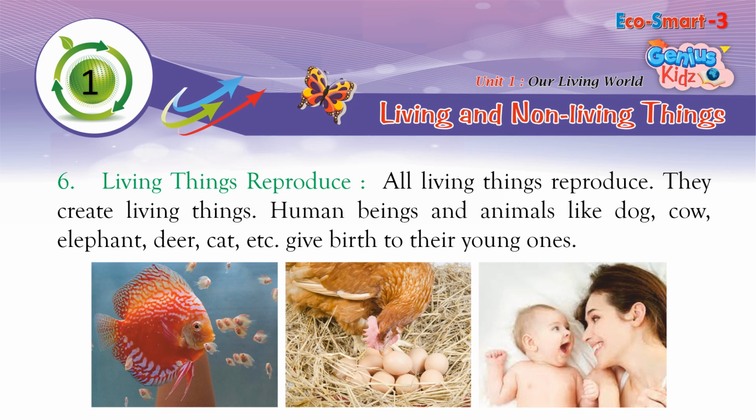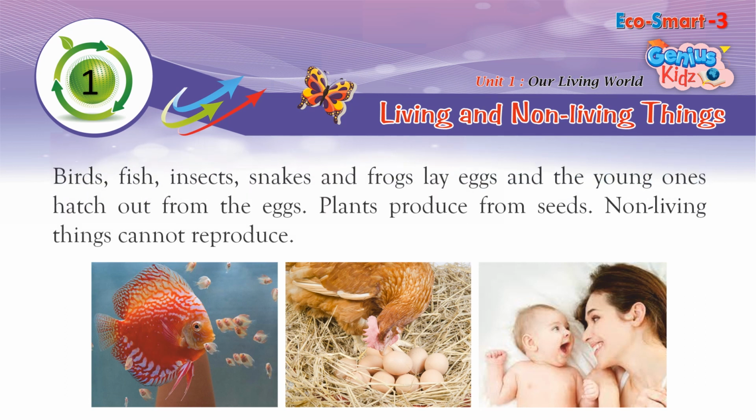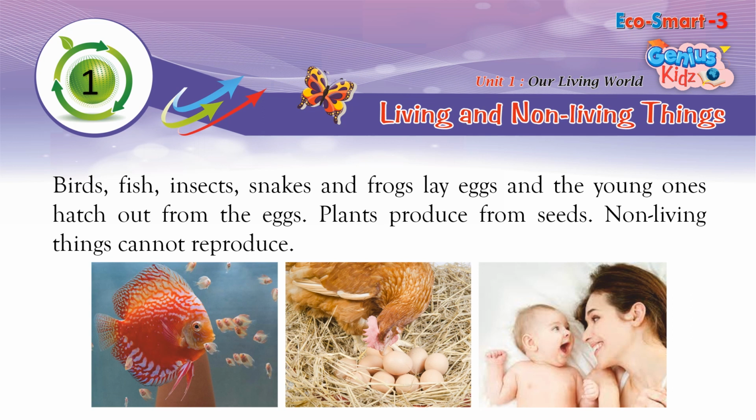Human beings and animals like dog, cow, elephant, deer, cat, etc. give birth to their young ones. Birds, fish, insects, snakes and frogs lay eggs, and the young ones hatch out from the eggs. Plants grow from seeds. Non-living things cannot reproduce.